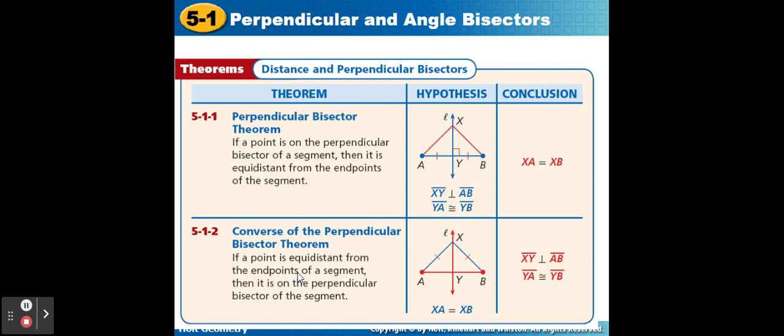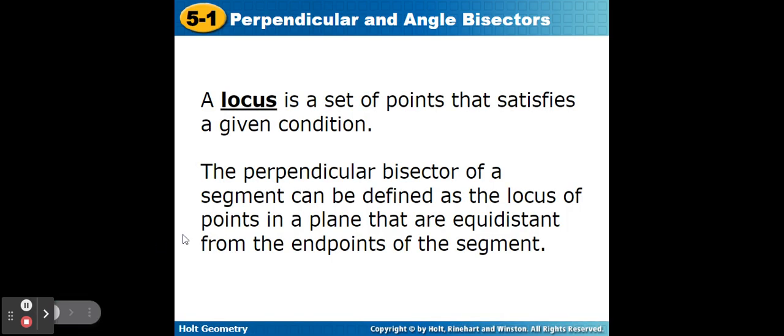Now, we also work to prove this converse, and we showed that when XA is congruent to XB, that necessarily this had to be the conclusion. So we're going to use this, but first I just want to introduce another new term, and that is locus.